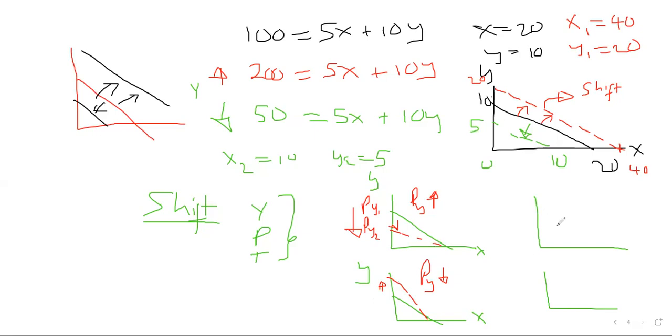The same happens for good X. If we are increasing the price of X, it will tilt inwards. You're going to buy less of good X, from X1 to X2. This happens only when the price of X has increased.